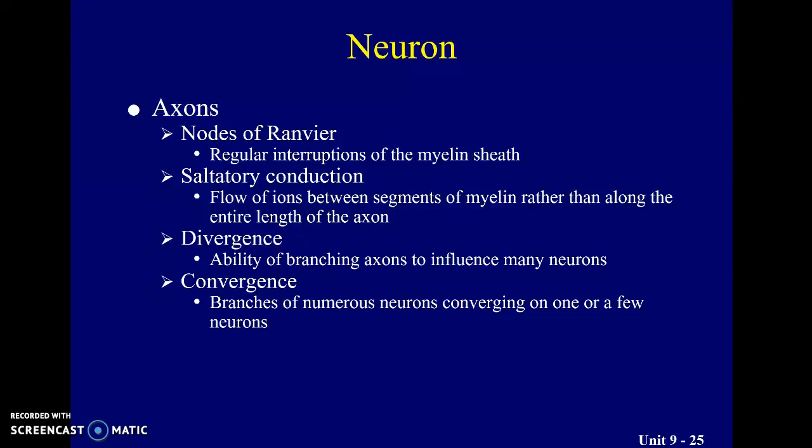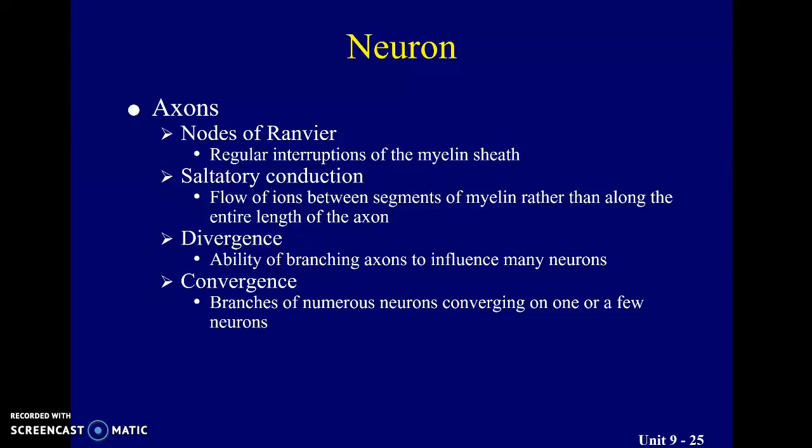Most of the axon is going to be insulated, save for particular spots, nodes of Ranvier, that allow for an inward movement of sodium to make sure that the strength of the action potential remains the same along the length of the axon. That term saltatory comes from the Latin word saltare, which means to leap, and it's often described that action potentials, quote, leap the length of the axon.